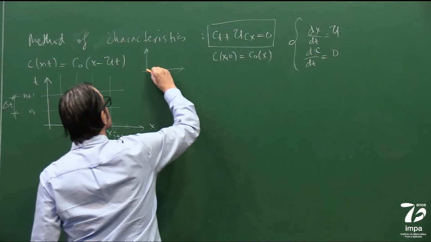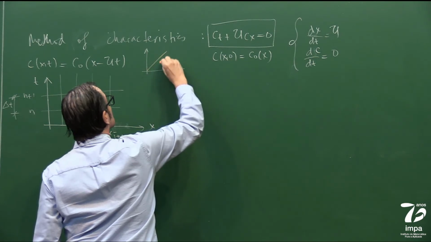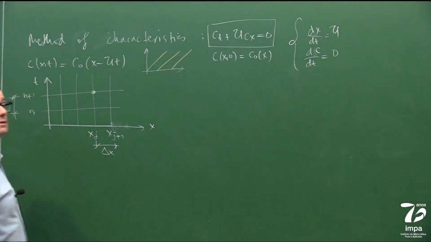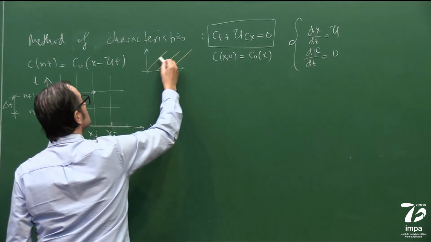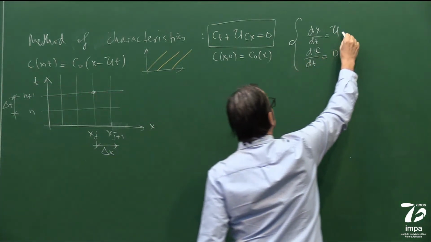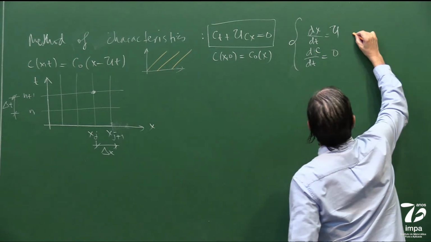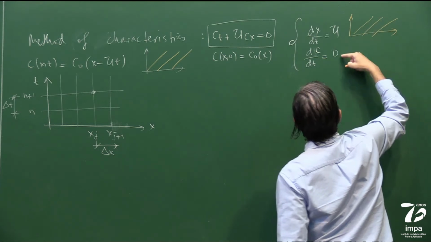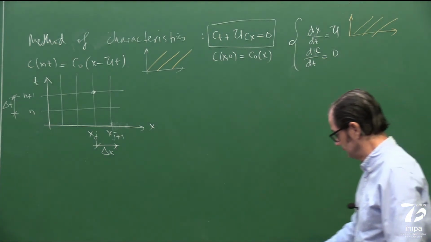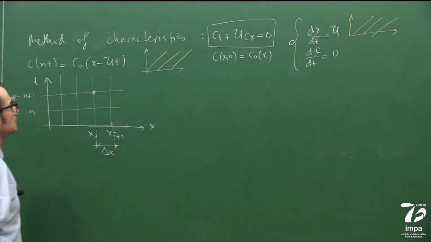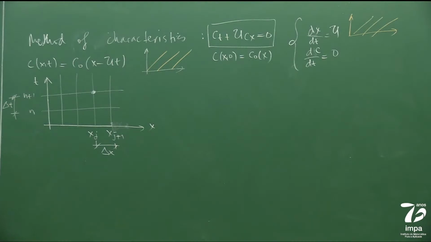Since I use the characteristics as my color notation in orange, over these lines, the solution is not changing, right? So basically, I could almost think of having a grid like this, okay?